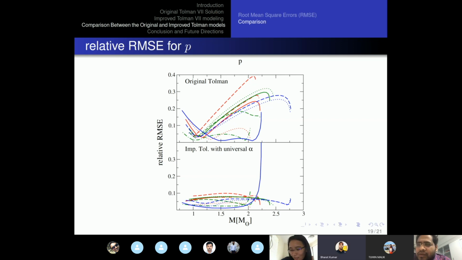So which lower mass? Are you saying 1.4 solar mass or 1.2 solar mass? What is the minimum limit you are talking about for lower mass? Lower mass is nearly one solar mass, around one solar mass for the low mass region.